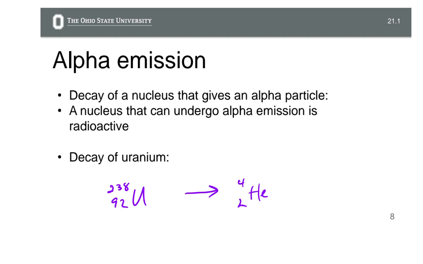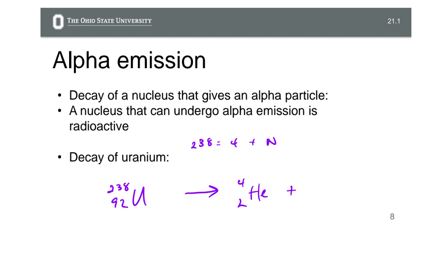And I told you that the mass number and the atomic numbers need to sum up to the same numerical value on the reactant side and product side of the equation. So we can figure out what the other product is knowing that alone. So if we have 238 is going to be equal to 4 plus some number.